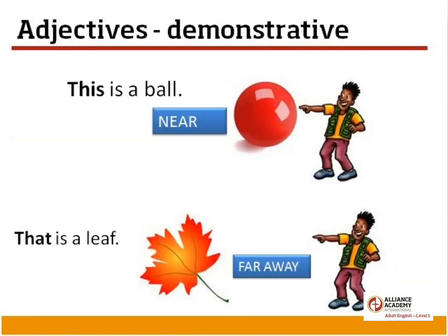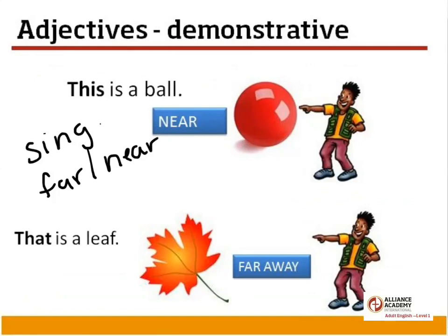Now, demonstrative adjectives point something out or demonstrate something. The thing to remember with demonstrative adjectives is if it is singular or plural, and if the noun is far, lejos, or near. Here is why.